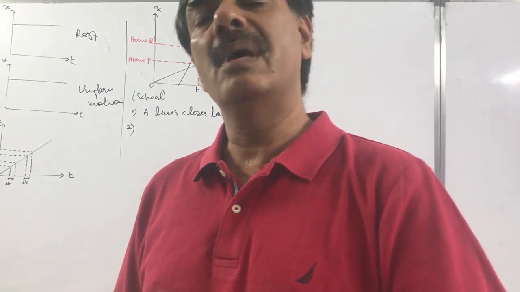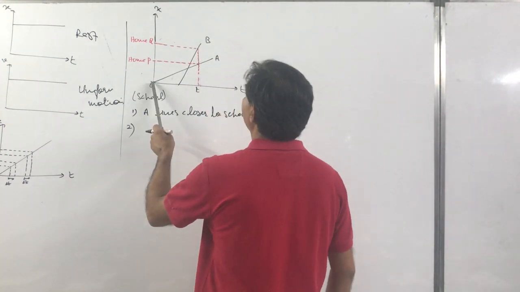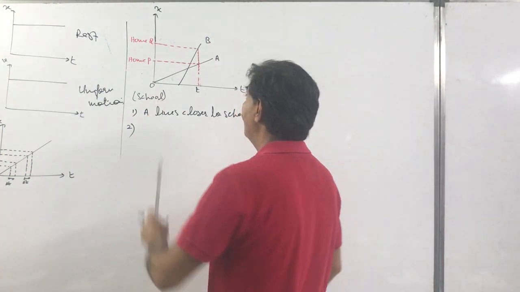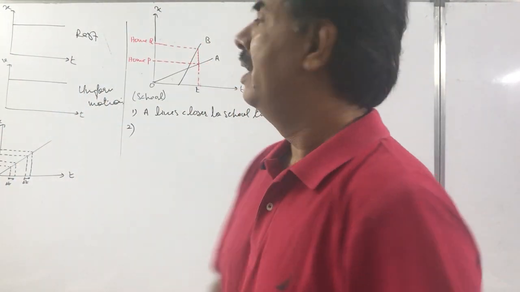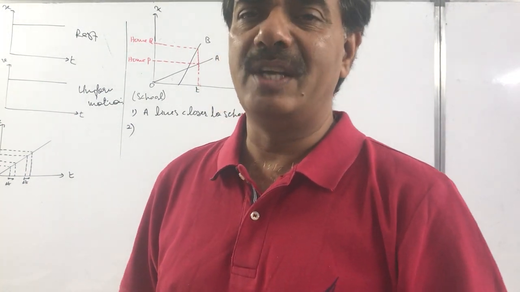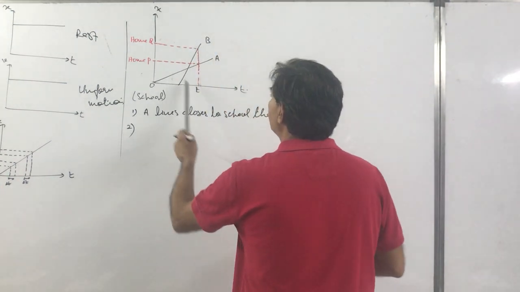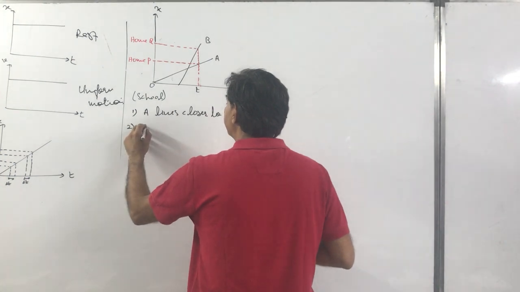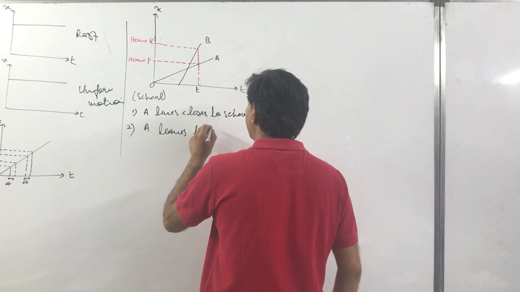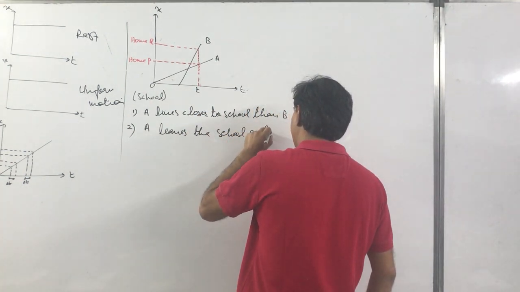A जो है वो स्कूल से पहले निकल गया अपने घर की तरफ. उसका घर भी पास है और वो पहले भी निकल गया स्कूल से. बी जो है वो सर से थोड़े डाउट पूछ रहा था तो वो थोड़ी देर बाद निकला. We can interpret this from the graph, right? A leaves the school earlier.